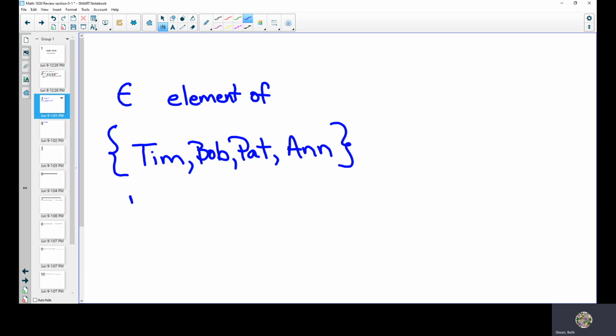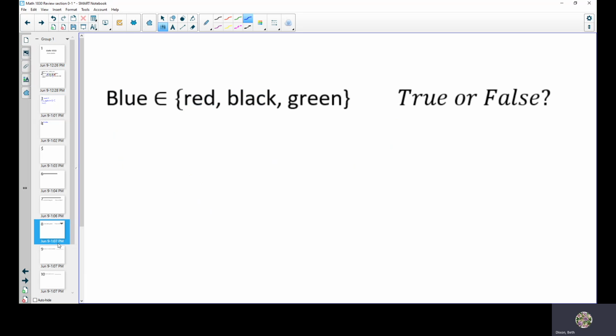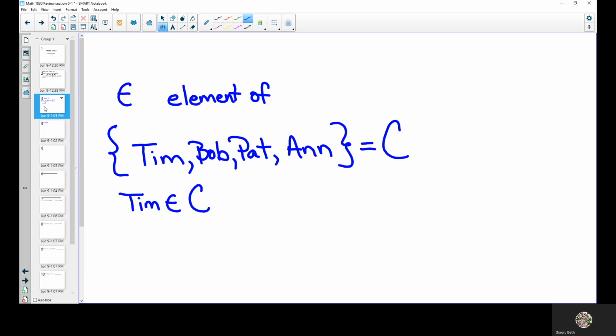Then I can make the statement that Tim is an element, and I'm going to call my set C for class. So Tim is an element of my set C. Oh, I don't know what I hit. The board is really sensitive, so I went off in Neverland.